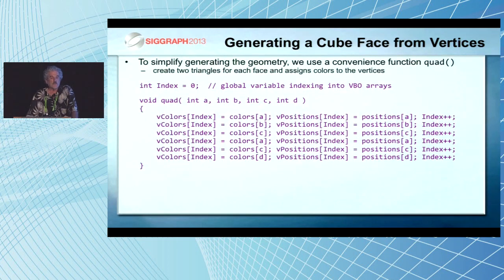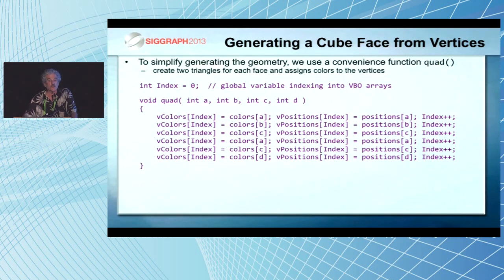What I'm going to do is make an array. I'm going to make it out of quads, and I'm going to pass into the quad the vertices that make up that quad, in order. For example, if one face has vertex 0, vertex 1, vertex 2, and vertex 3, I would call quad of 0, 1, 2, 3, and so on for the other faces.